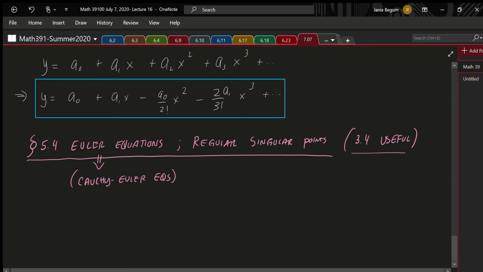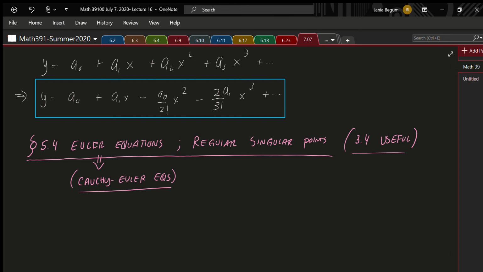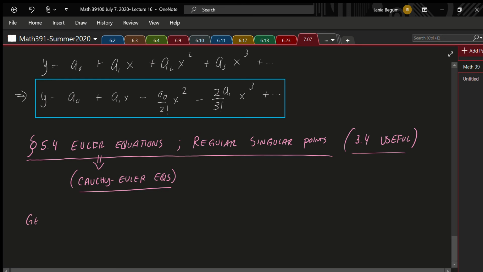So if you ever come across a different textbook of differential equations, you might see the name Cauchy-Euler, because both mathematicians worked on this topic. So let's recall from 3.4. We didn't really see it. For us, it's just going to be rewriting the general form of an nth order differential equation.